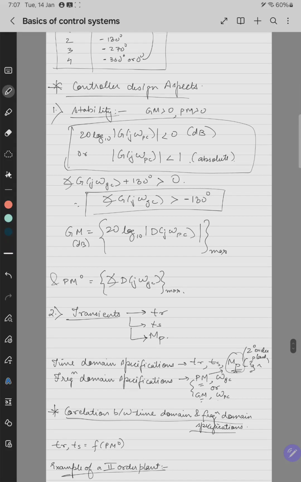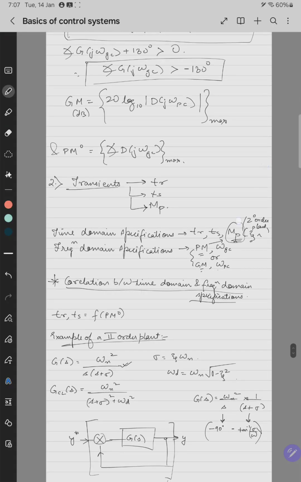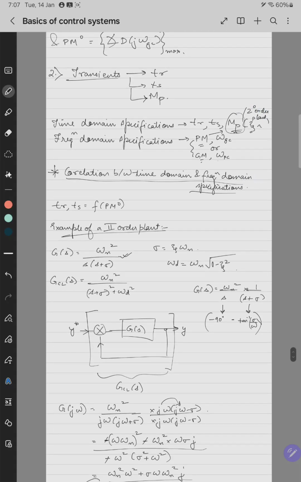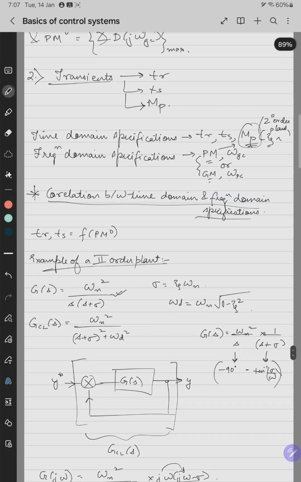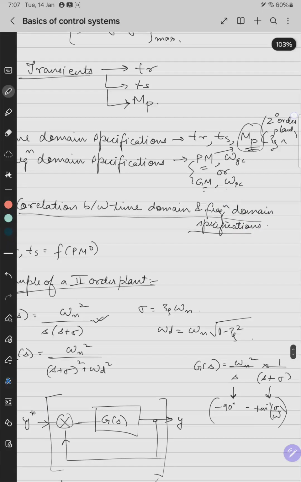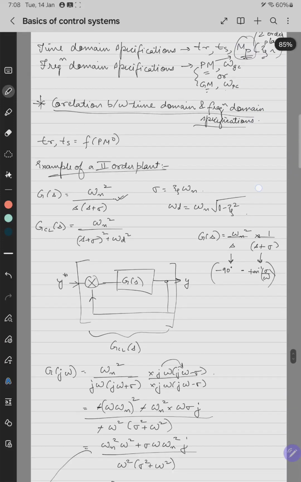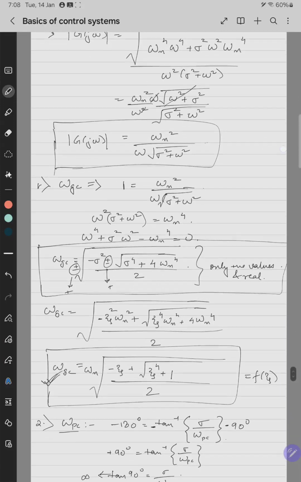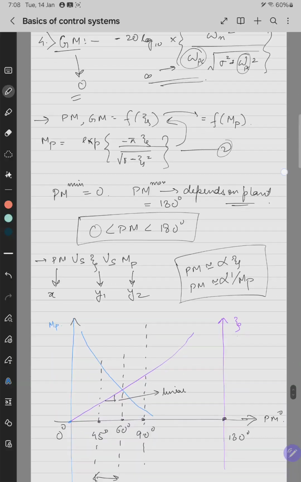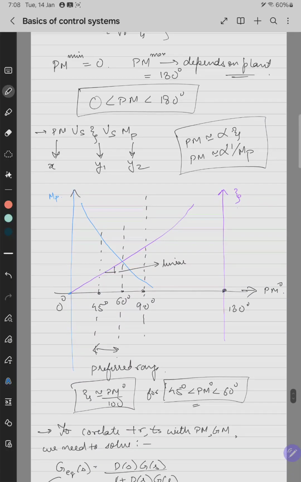Then the controller aspects, like stability and transient requirement. I have correlated the time domain specification, which is only the peak overshoot, with the frequency domain specification by correlating them as a function of each other, and then some conclusions are drawn.